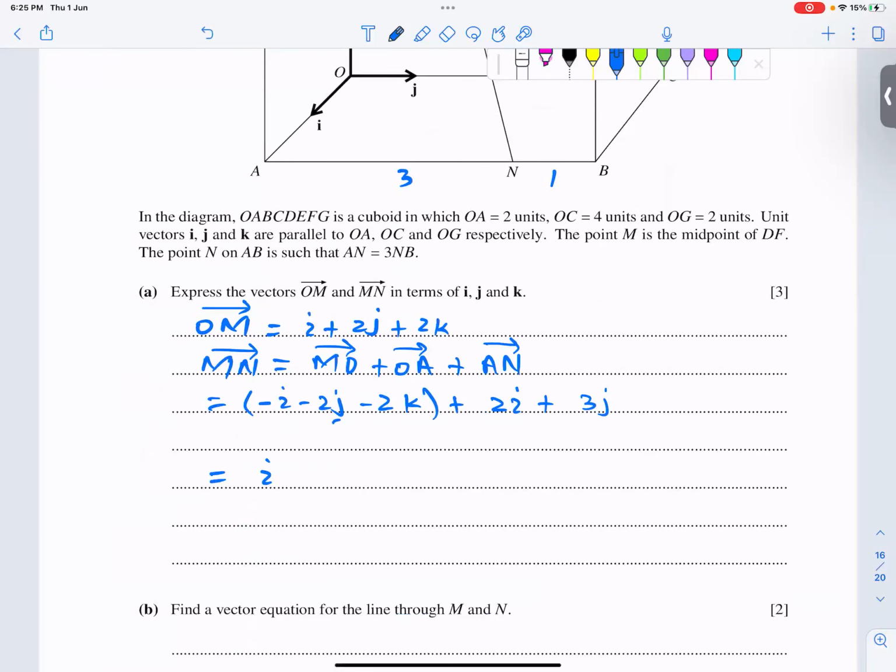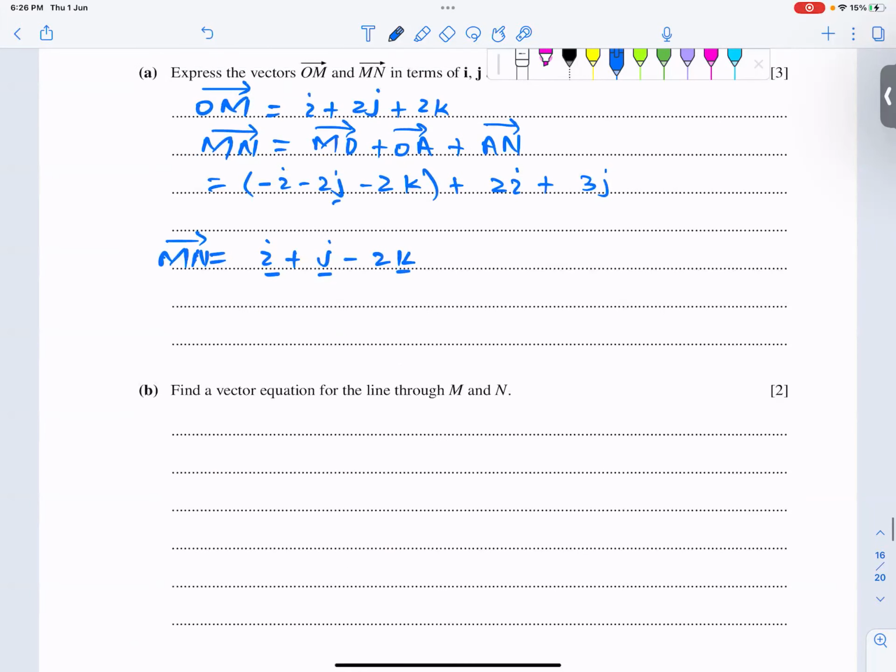Find a vector equation for the line through M and N. So the vector equation for the line will use any of the points, M or N. So I'm writing 1, 2, 2, that is actually M. Okay, I'm using the point M plus a scalar times the directional vector.